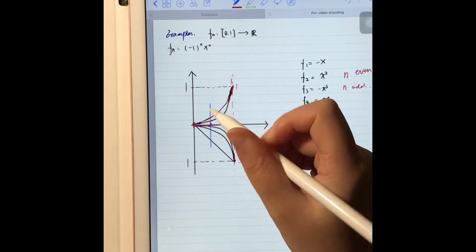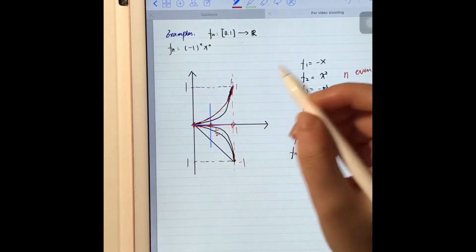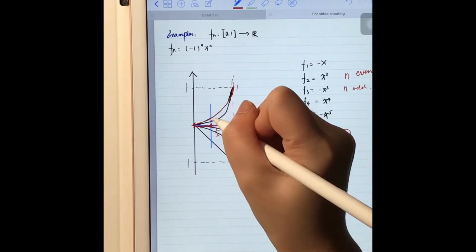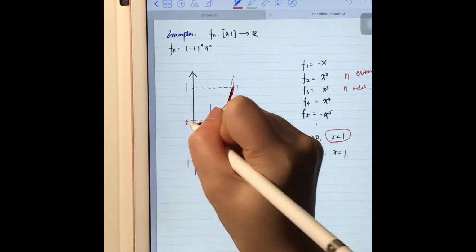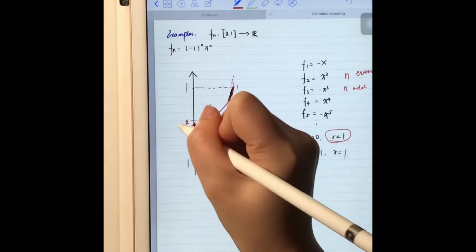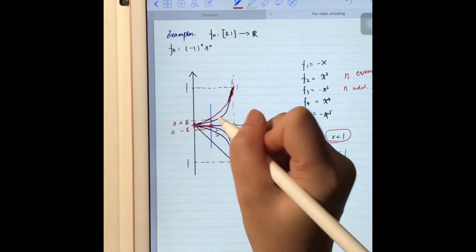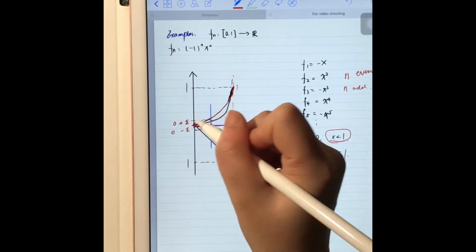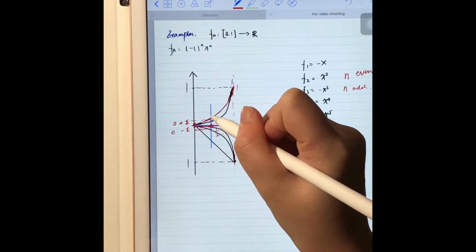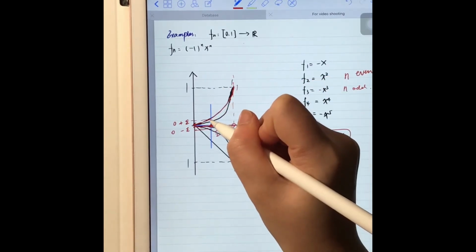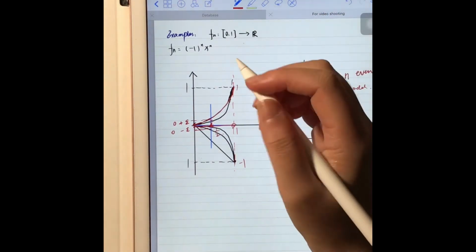So for example, if you fix x here, 1/2, and you choose an epsilon that is this large, so this is 0 minus epsilon, and this is 0 plus epsilon. You can see when n gets larger, the values will only get closer and closer to 0.